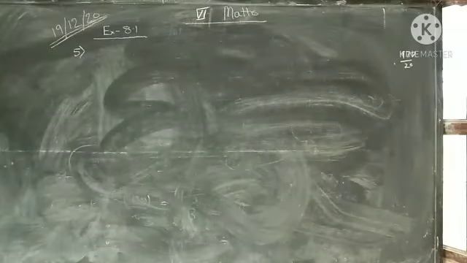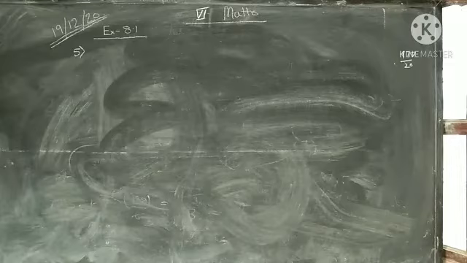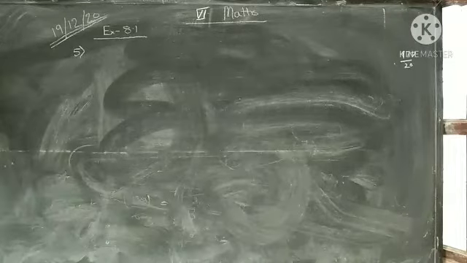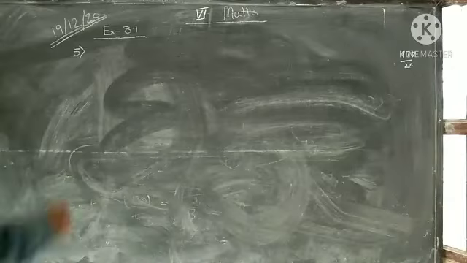In sum number 5, it says write the following decimal as fraction and also reduce the fraction to the lowest term.